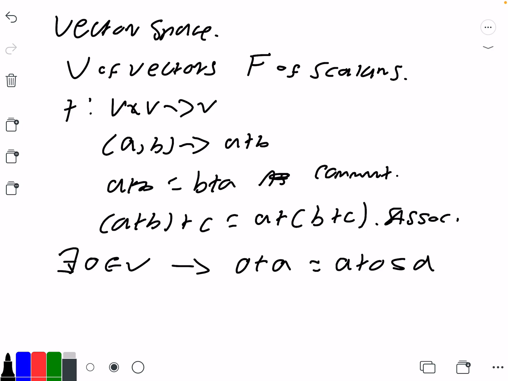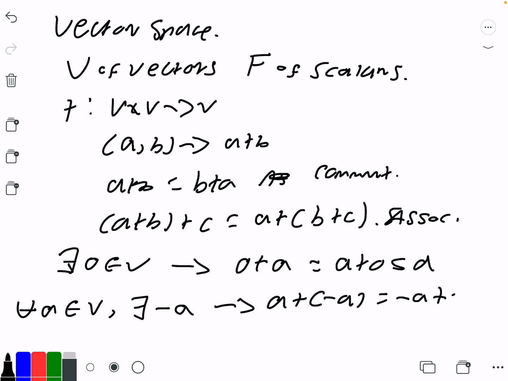And we always have an additive inverse, which means for all vectors in V, we have some additive inverse, which we can call negative A, minus A, whatever, such that A plus minus A equals minus A plus A equals that zero element, or the zero vector.